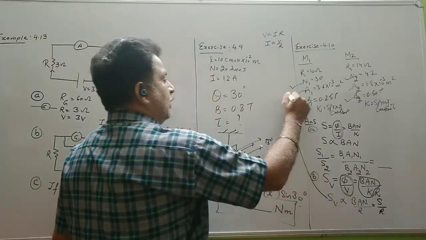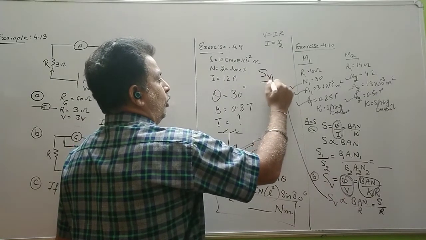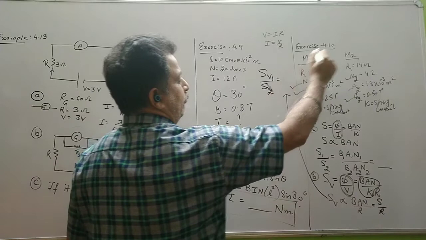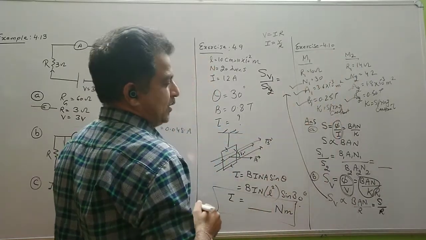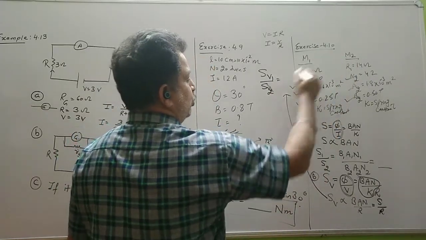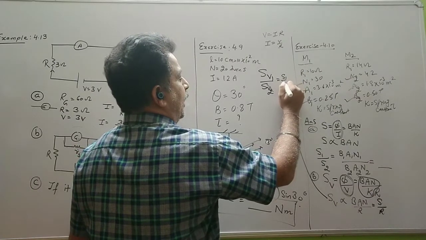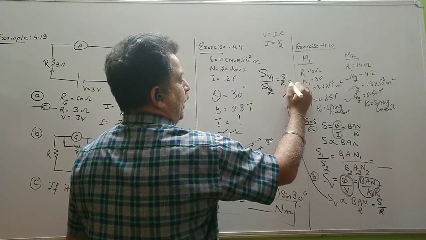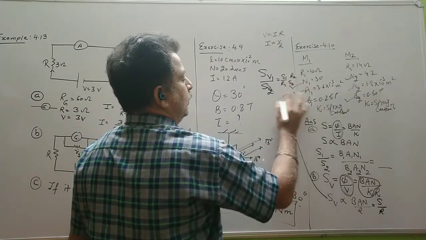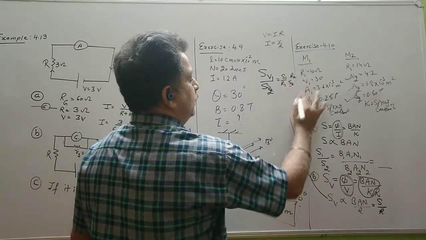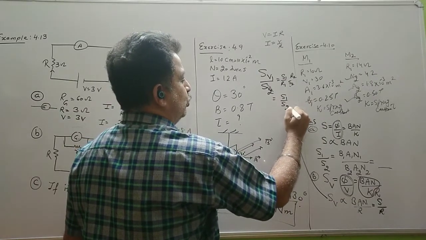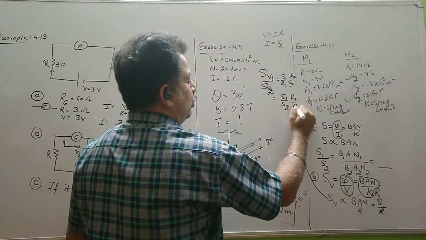So SV1 upon SV2, that is the voltage sensitivity of coil 1 to the voltage sensitivity of coil 2, can be written as S1 upon R1 divided by S2 upon R2. So the formula for the ratio becomes S1 upon S2 multiplied by R2 by R1.